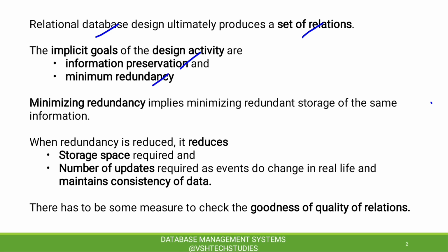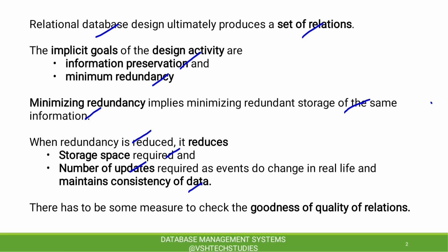Minimizing redundancy means reducing storage of the same information multiple times. When redundancy is reduced, the storage space required is also reduced and the number of updates required is also reduced. When the number of updates is less, the data can be stored correctly, which maintains the consistency of data.